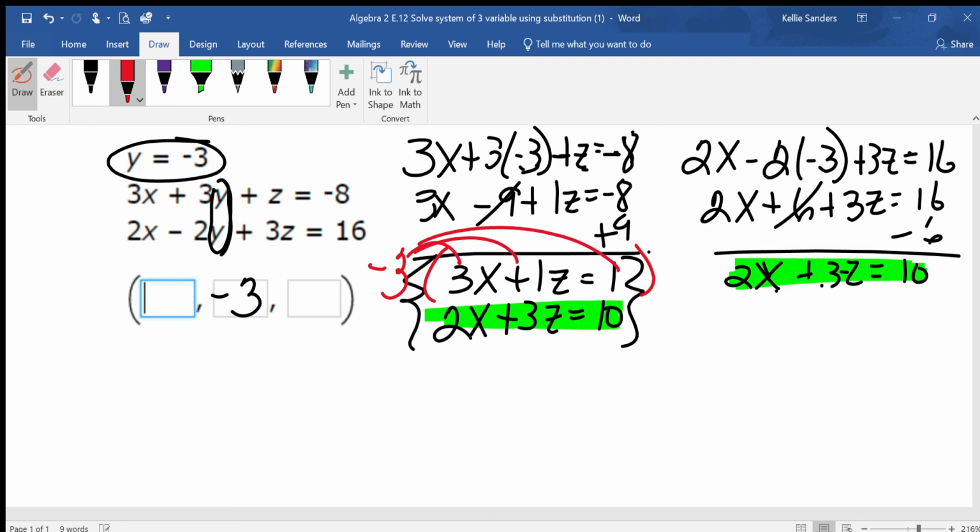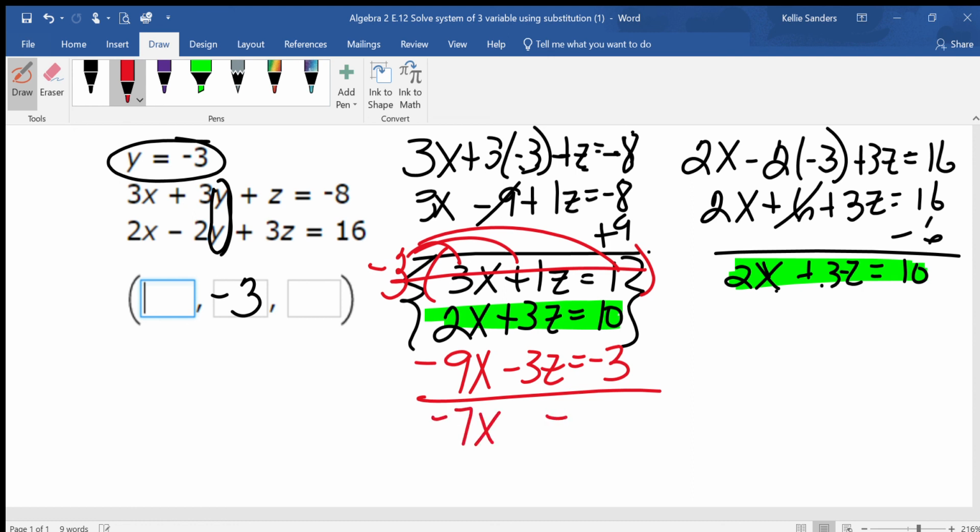So the negative 3 goes to all 3 and becomes negative 9x minus 3z equals negative 3, and that's not there anymore. 2 minus 9 is negative 7x. That goes away. 10 minus 3 is 7. Divide by negative 7, and our x is negative 1.